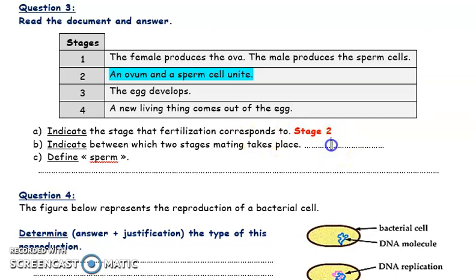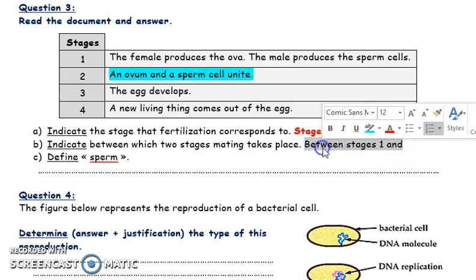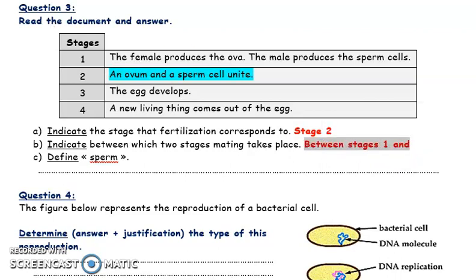So this happens between stages 1 and 2. After producing the ovum and the sperm cells, the male and the female must meet, and their cells will combine and fertilization happens.